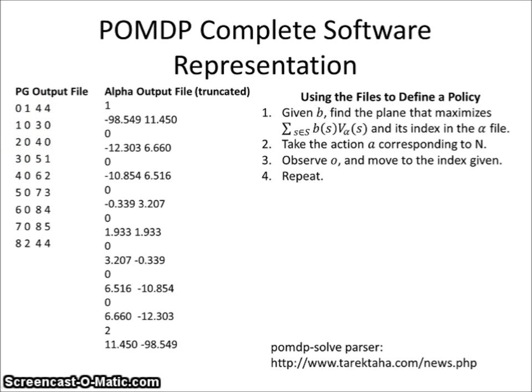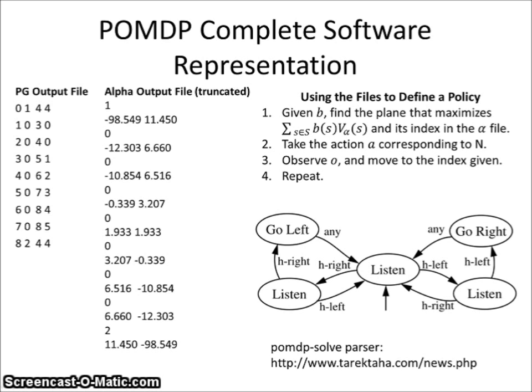So we're going to repeat this process as you get more observations to tell you what to do as the problem progresses. Here is a graphical representation of what you should do. I didn't make this myself. This is from the 1994 paper that describes the tiger problem as a POMDP.